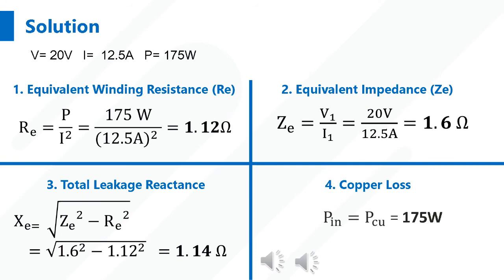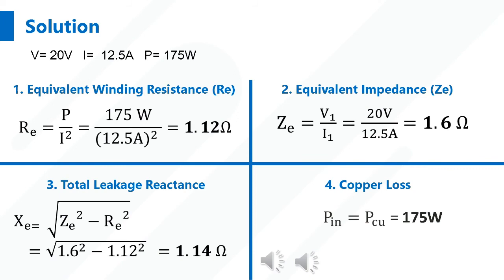So, next is the equivalent impedance. So, the equivalent impedance is equal to the voltage over the current. So, the voltage is 20 volts and the current is 12.5 ampere. So, it is equal to 1.6 ohms. Next is the total leakage reactance, which is equal to the square root of equivalent impedance squared minus the equivalent winding resistance squared.